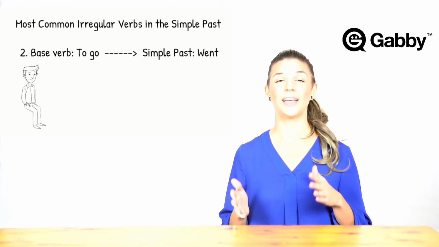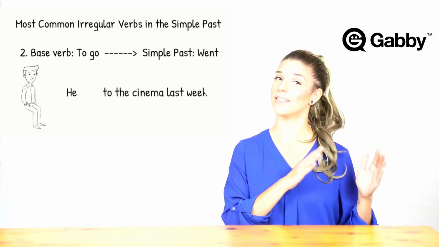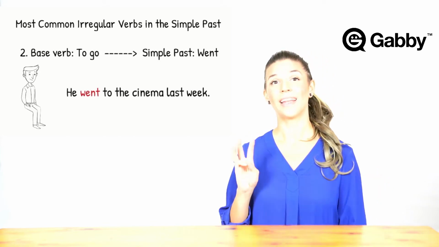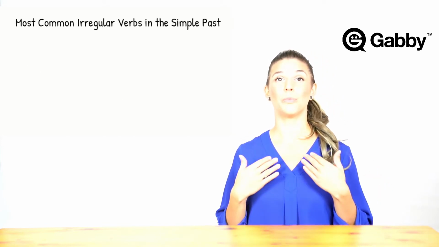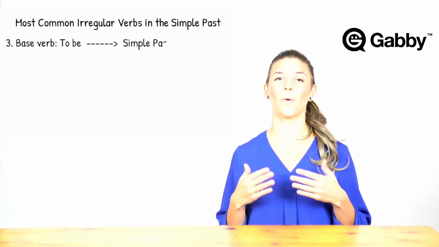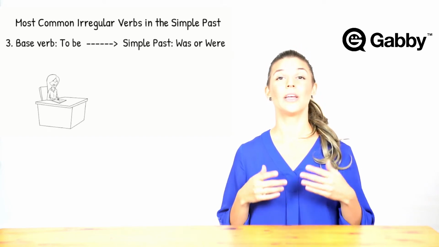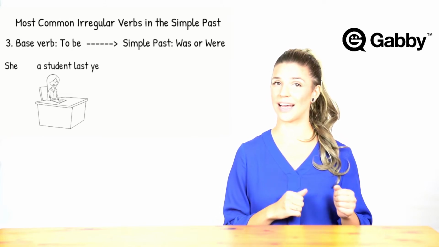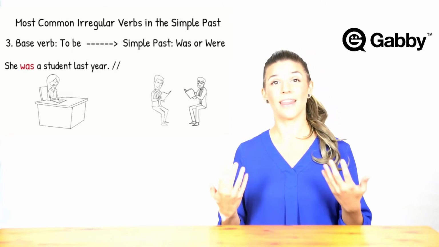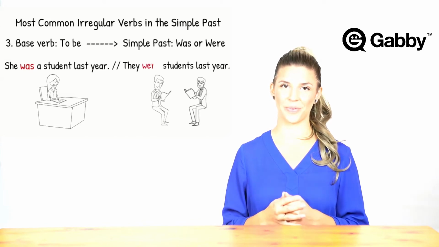For example, he went to the cinema last week. And number 3, the verb to be becomes was or were in the simple past. For example, she was a student last year, or they were students last year.